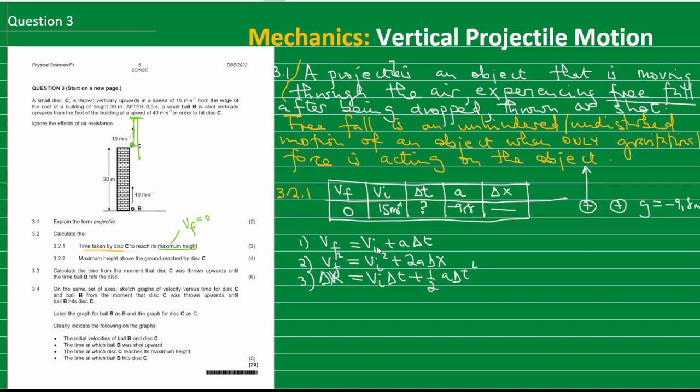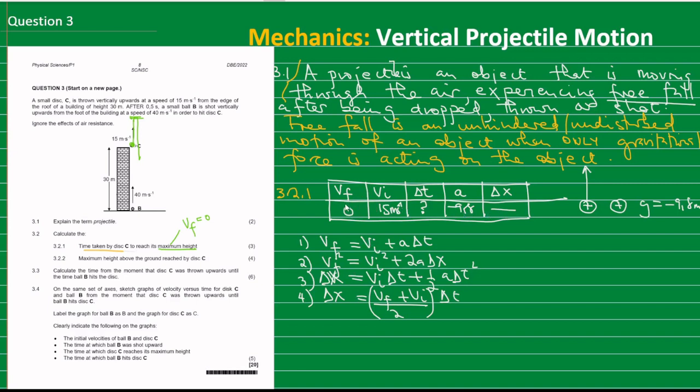These equations, you'll find them on your formula sheet. The fourth one is delta x again, equal to v final plus v initial over 2, half the sum of the initial and final velocities, multiplied by time.